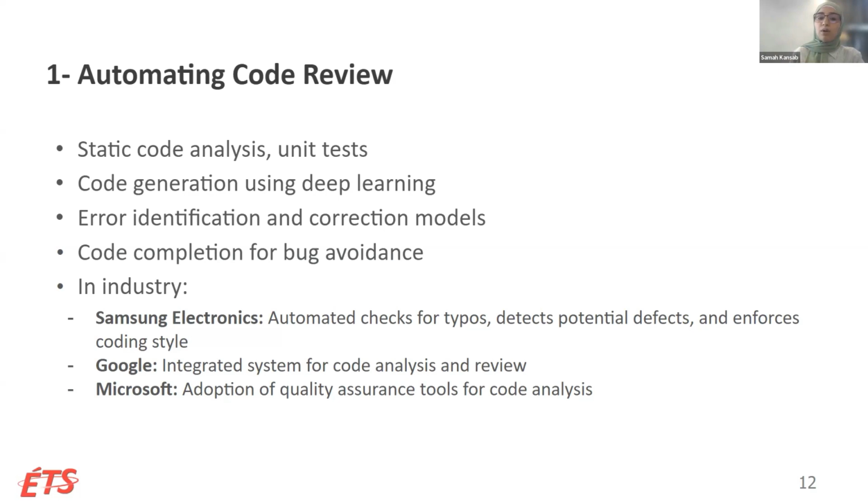So they are, for example, working on generating the tests of the code automatically before going to the manual test, and generating the code using deep learning. So when the code is generated by artificial intelligence, we assume that it will have fewer syntax errors and so on, and also developing some machine learning models or now LLMs to identify the errors and to correct them.